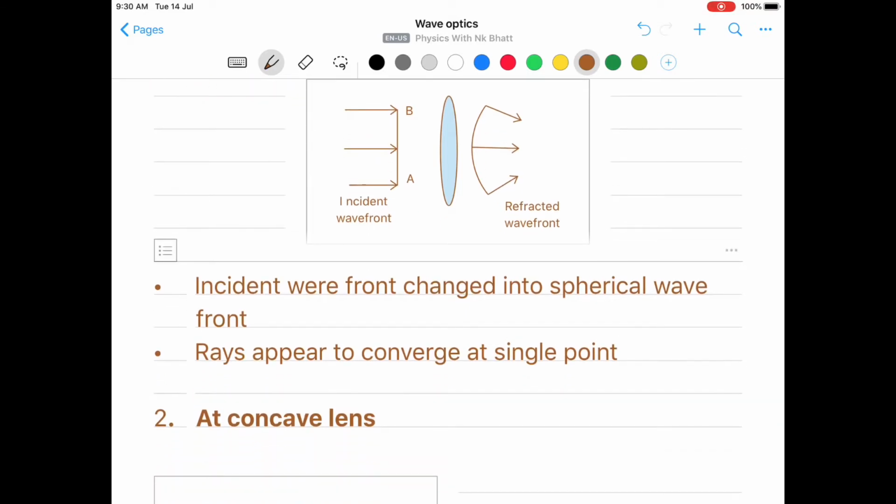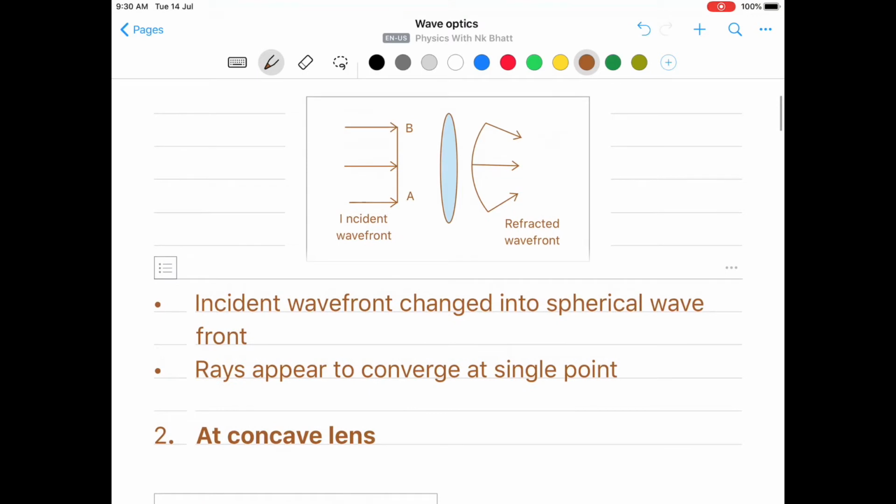So we can list these two outcomes of this ray diagram. The incident wavefront changed into spherical wavefront, and rays appear to converge at a single point.